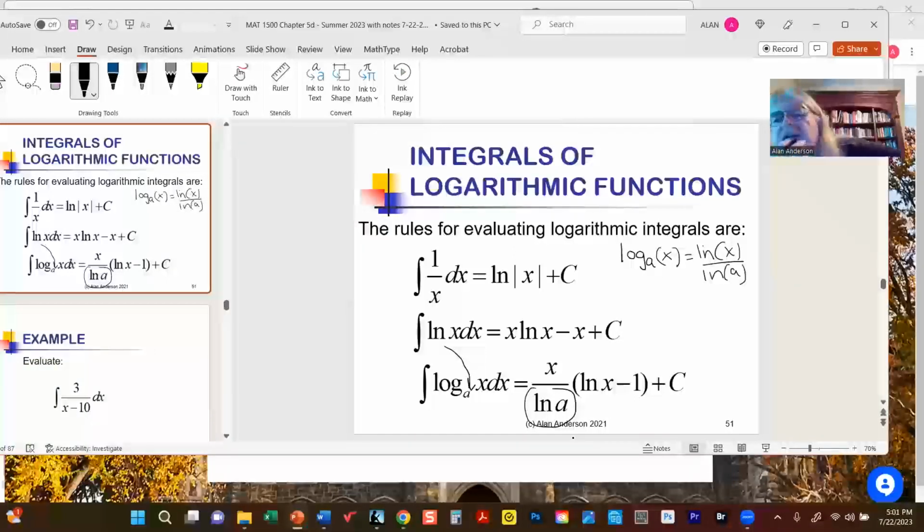Okay, this is an identity, and so that's essentially what's happening here. You have to take into account when you have a log to some other base besides e, this piece here. That's where it's coming from. All right, but anyway, what this means is that when you see these in problems, you have to recognize them when you see them.